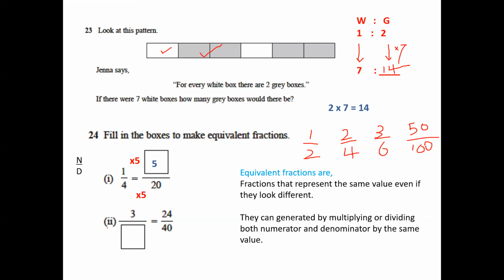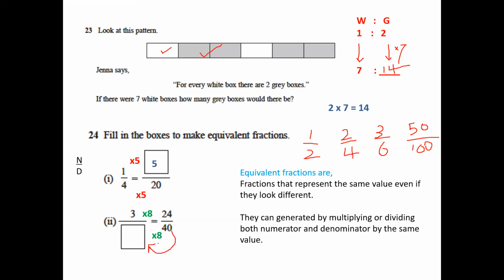And the second one, 3 over a missing number, and another equivalent fraction is given, that is 24 over 40. In this question, both the numerators are given. So 3 times 8 is 24. So whatever this number is, times 8 should be 40.